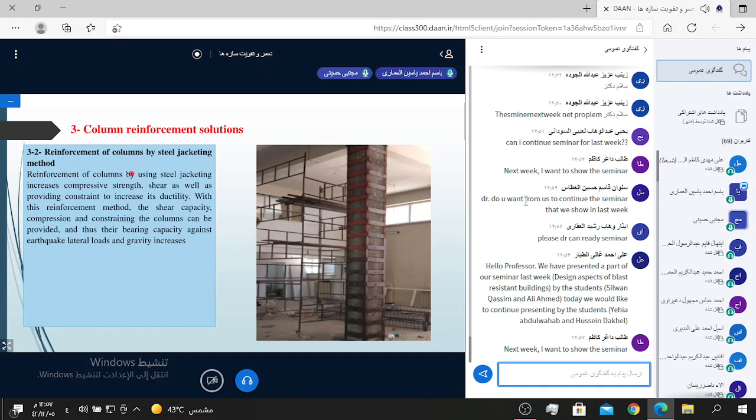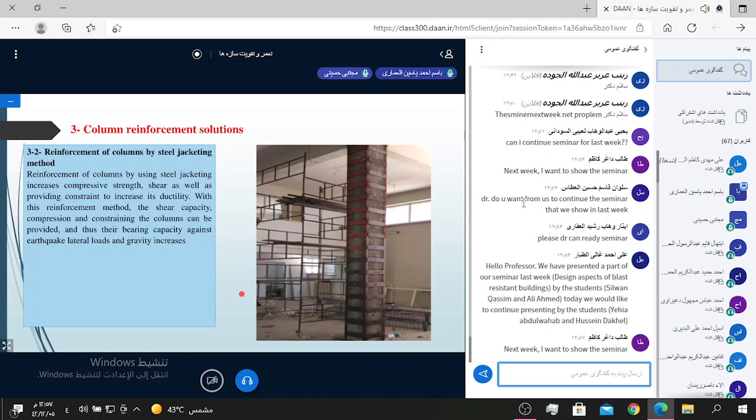Column by steel jacketing. First notion, yeah, by steel jacketing. This is very important. This is a very good figure. In this method we use steel jacketing.